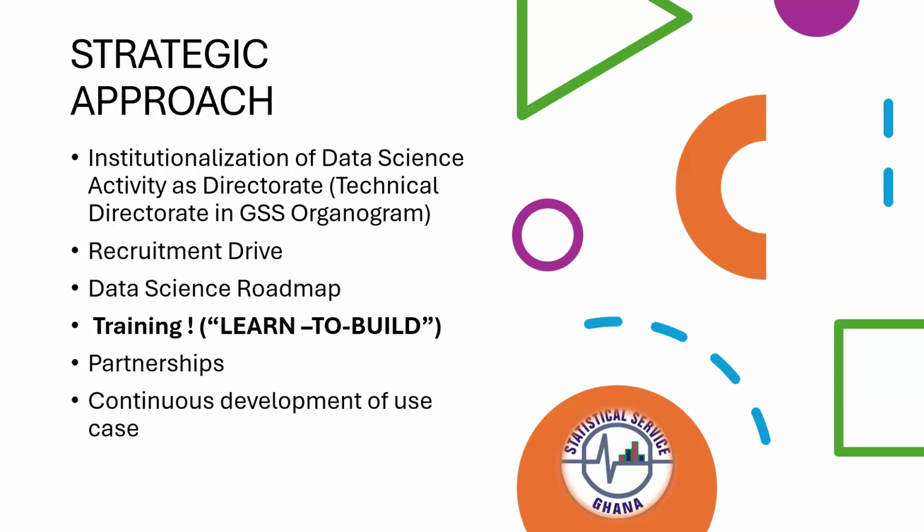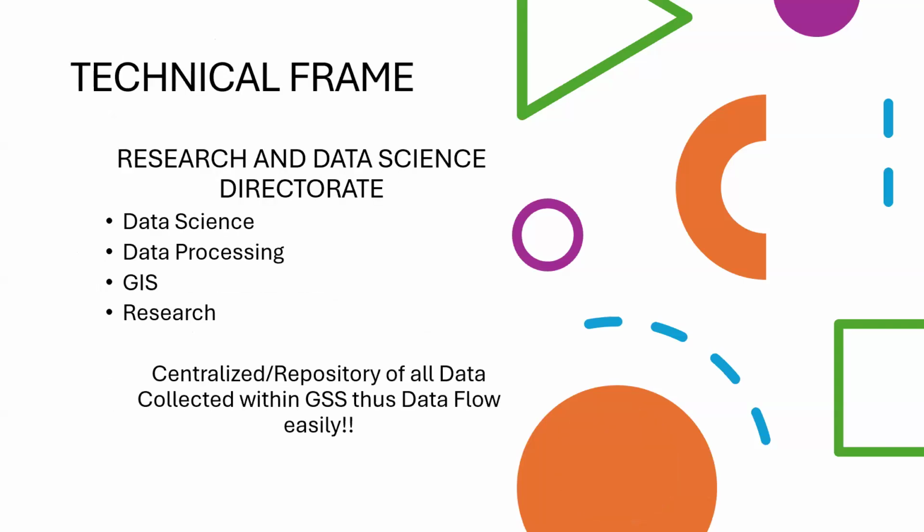And then our next strategic approach is that we don't get complacent with the use cases that we have. It's a continuous development of use cases. And one thing we realized is that the more use cases we get, the more we get exposed to new tools and more of the innovations within the data science ecosystem. Can we go to the next slide?